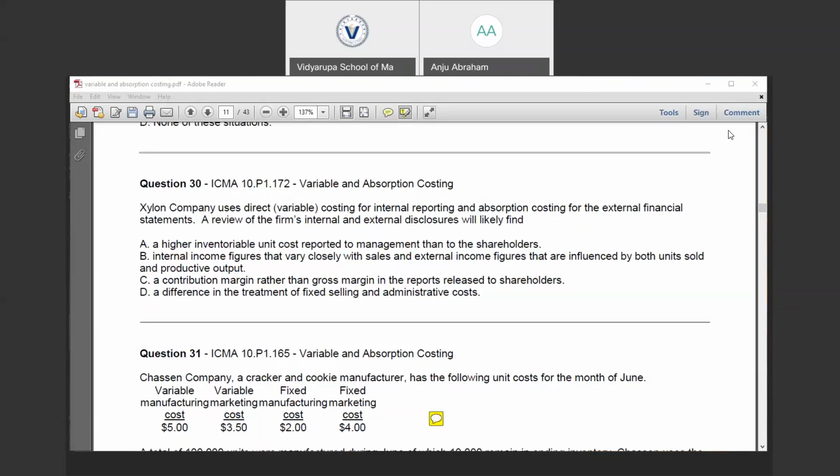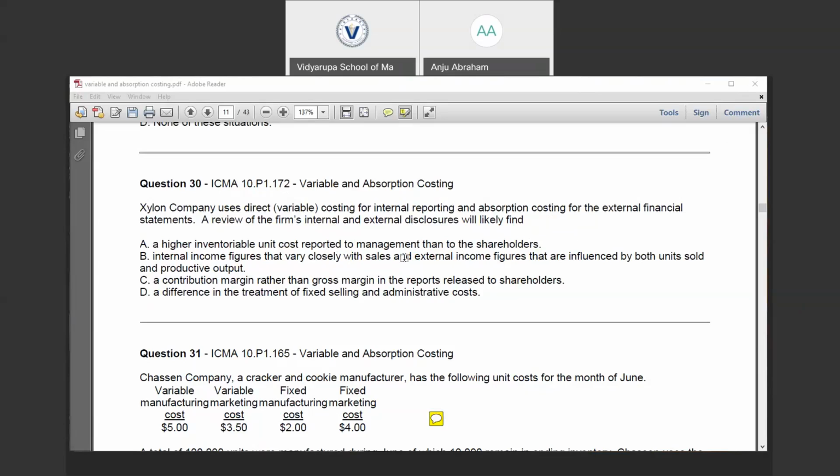And let's check option A. A higher inventory unit cost reported to management than to shareholders. What is the report prepared for the management? It is the variable costing. In variable costing, the inventory cost only includes variable manufacturing cost. But in absorption costing, it also includes the fixed manufacturing overhead.